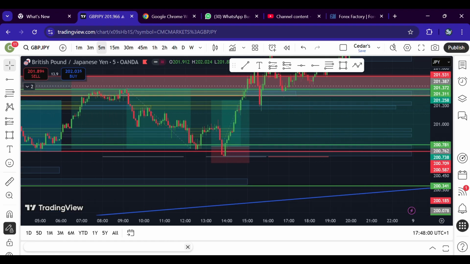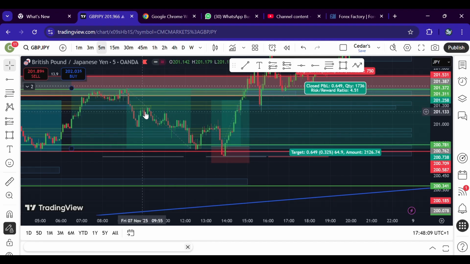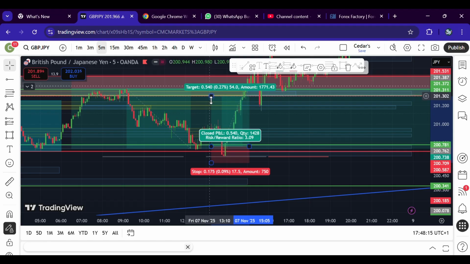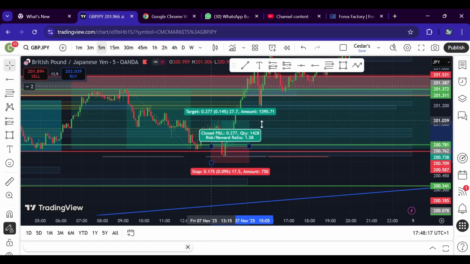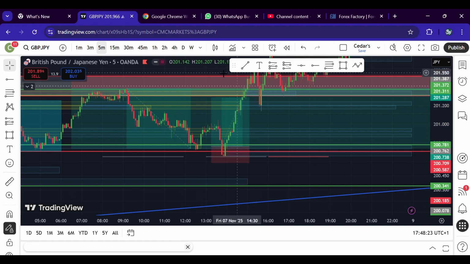I was actually watching this zone because this was the zone for the sell, and there was supposed to be a retracement right here to activate the sell, but it didn't retrace. So I was kind of skeptical about the zone, and take profit was actually beneath the zone because it could come respect the zone and then push down, because anything could happen.